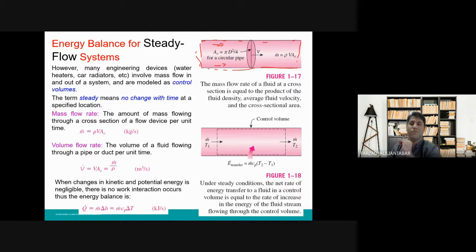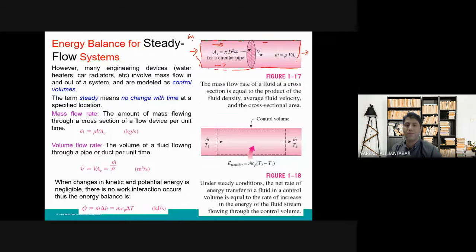To make our calculation easier, if you remember also from thermodynamics, we assume that here we have a steady flow. What does a steady flow mean? It means the flow rate, or the amount of fluid which comes into the system from this side, is equal to the mass flow out.